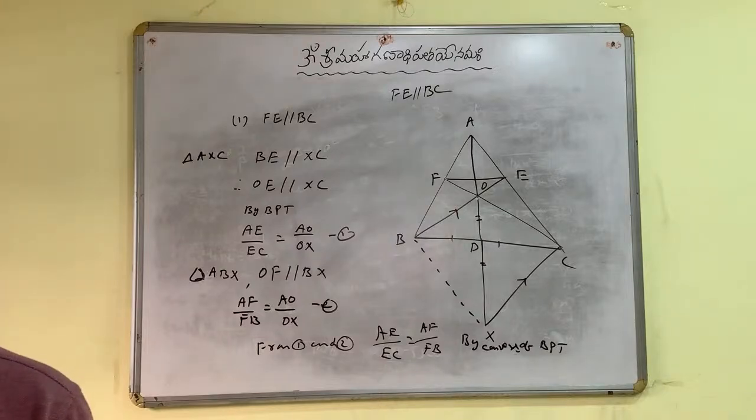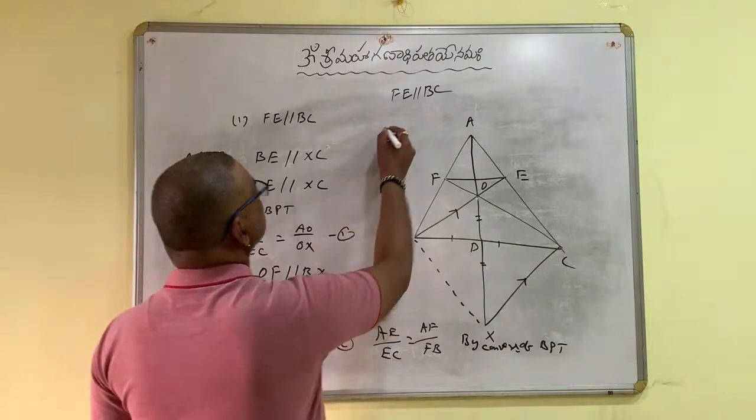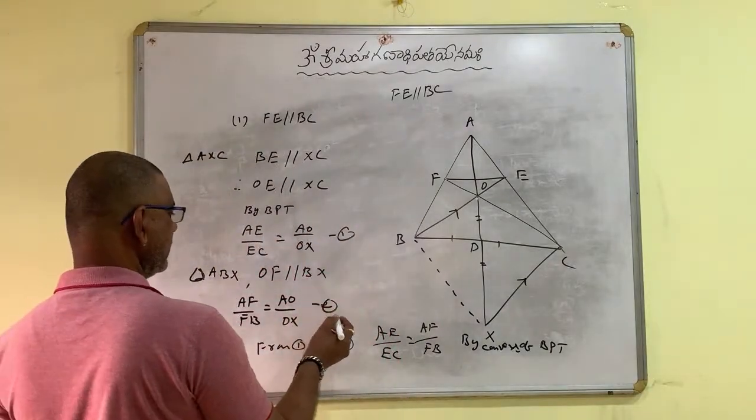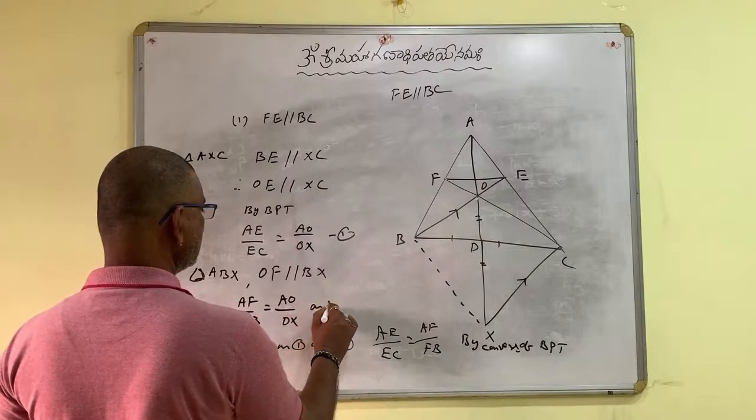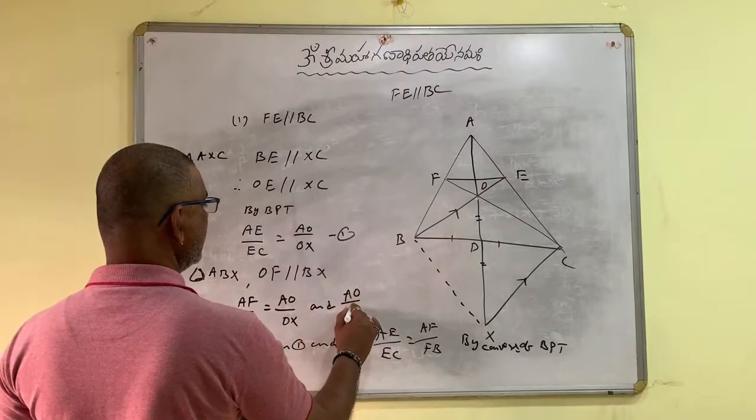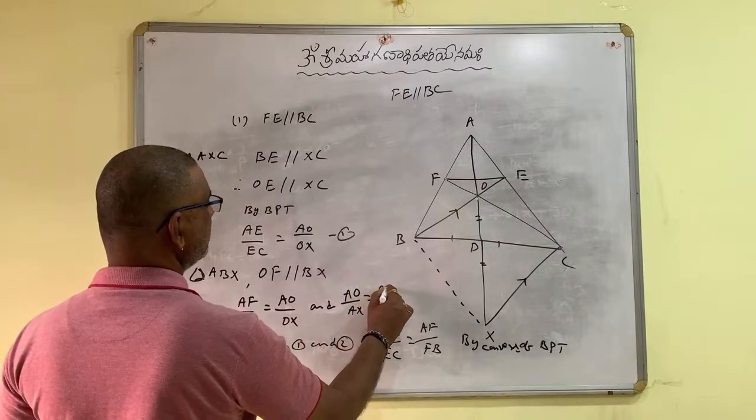FO parallel to BX means AF by AB is equal to AO by AX. And here also, not only this, AO by AX is equal to AF by AB also.